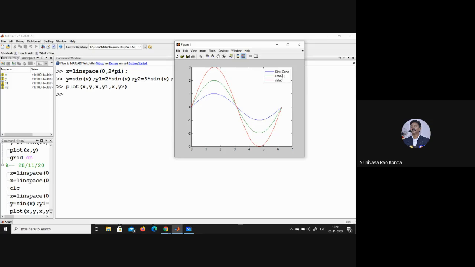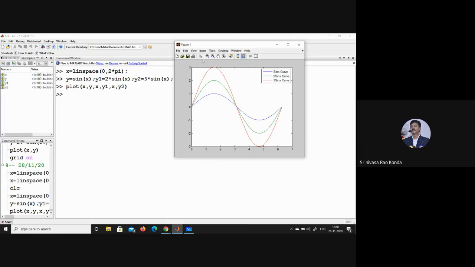The second curve is x versus y1, 2 sin x. This is the third curve, 3 sin x. In this case, the legend will help you a lot.